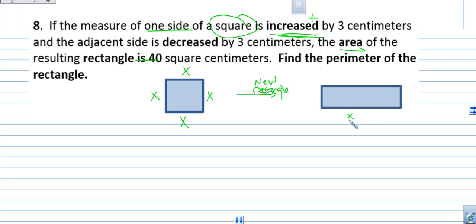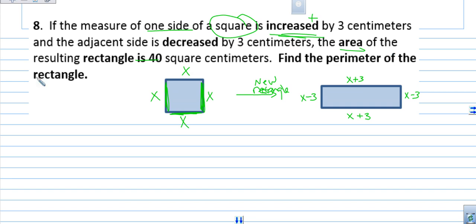So they took this side, which used to be X, and they increased it by 3. And the adjacent side, the one that's touching it, they decreased it by 3. So it now became X minus 3. So this one would be X plus 3, and this one would be X minus 3.